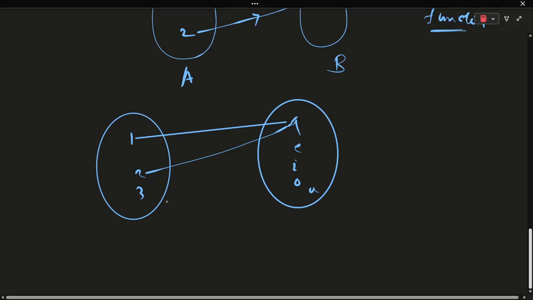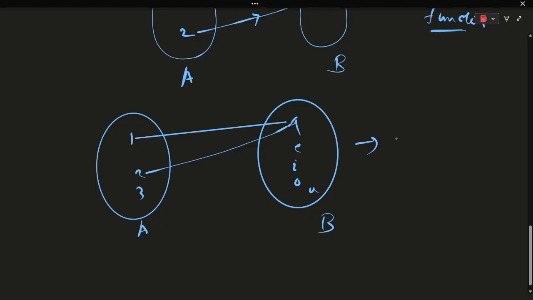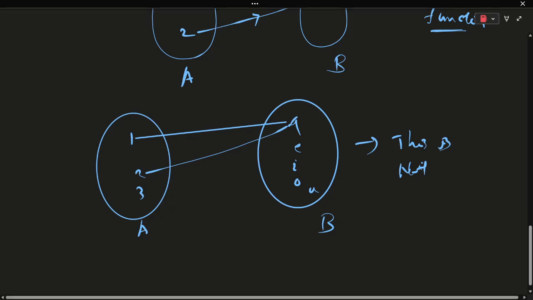But if you take this type, then this A and this B, this is not mapping. This is not a mapping, a function. This is not a function, as there is no image.